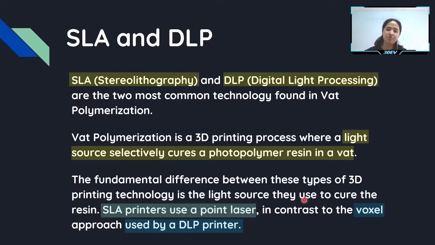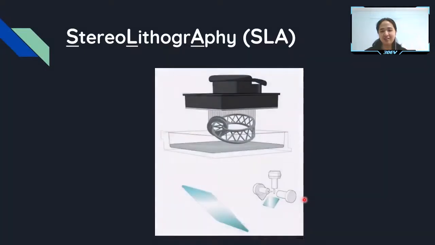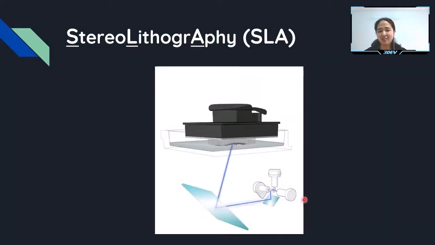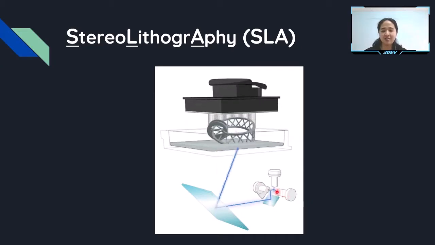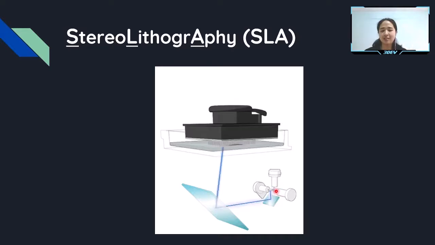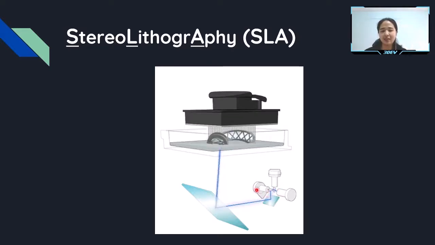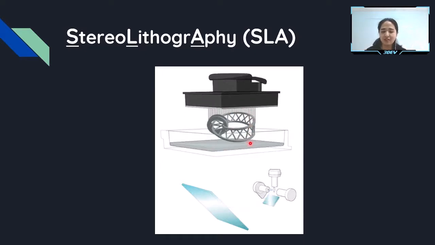In this picture that you can see here, this is SLA. Basically, you have a light source, one straight light, and you have two motors adjusting the angle of the light so that it prints according to your desired model object.